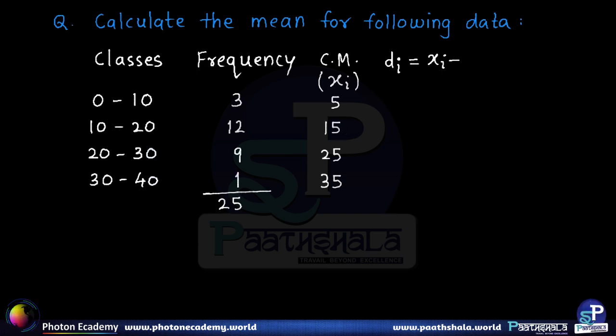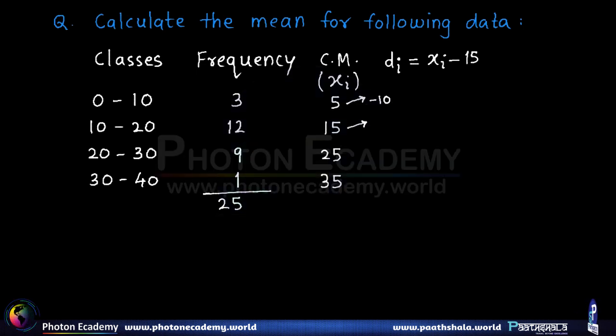So from xi let us subtract 15. If we subtract 15 from 5 we will get minus 10. If we subtract 15 from 15 we will get 0. Then 25 minus 15 gives us 10, and 35 minus 15 gives us 20.